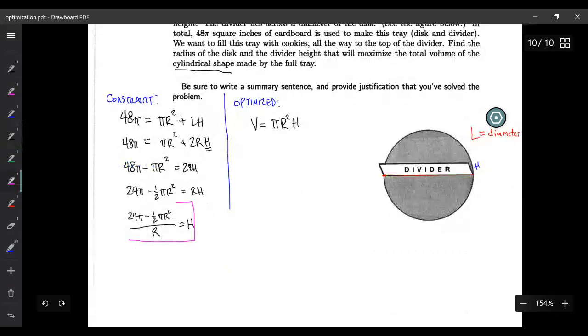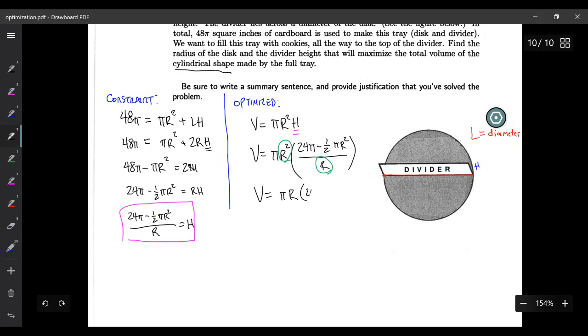So this now gets plugged in right here. So V equals pi r squared times 24 pi minus 1/2 pi r squared all over r. I'm going to just keep simplifying this. If I take this r and that r, I'm going to end up with pi r times 24 pi minus 1/2 pi r squared.